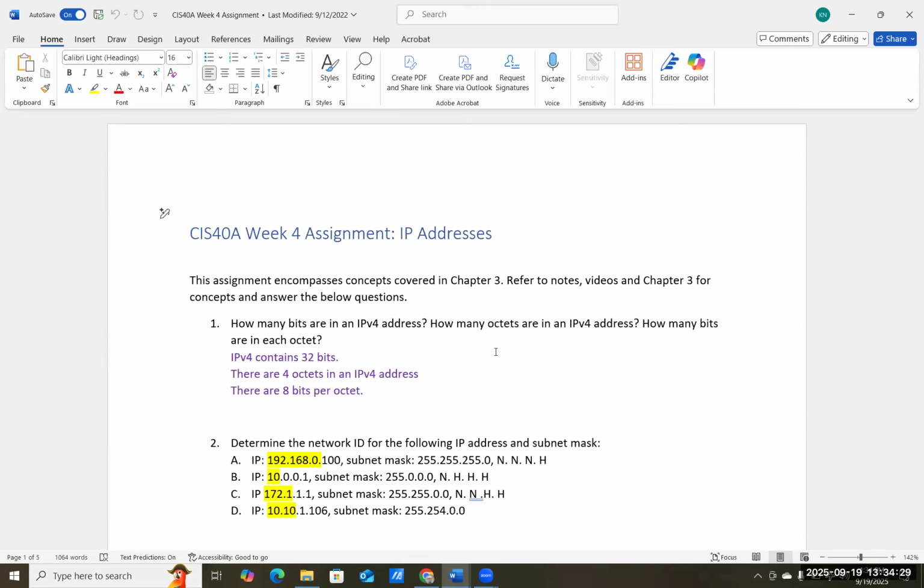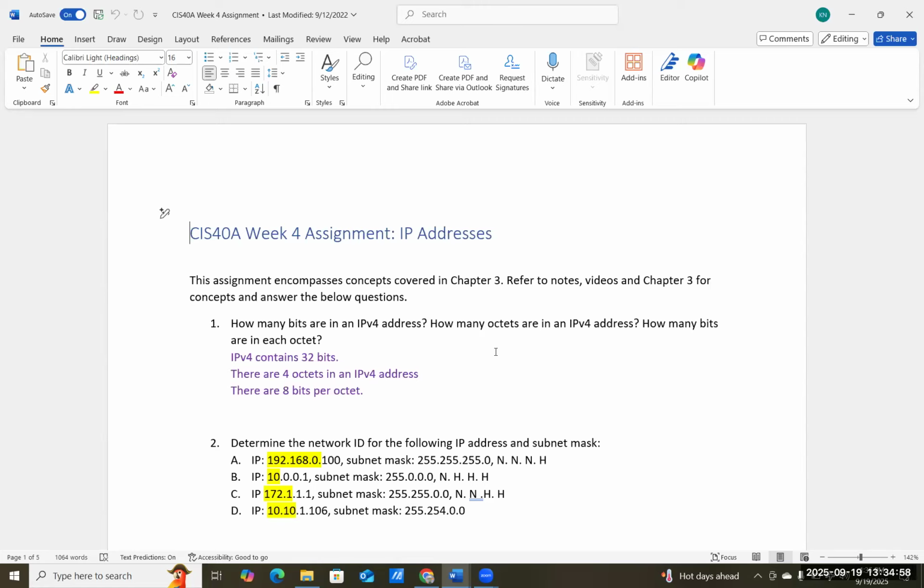An octet is made of 8 bits, so if you take 4 times 8, you get 32 bits. So there are 4 octets, and they are each separated by the dot. We say dot, we don't say period. And there are 8 bits per octet. Okay, any questions?